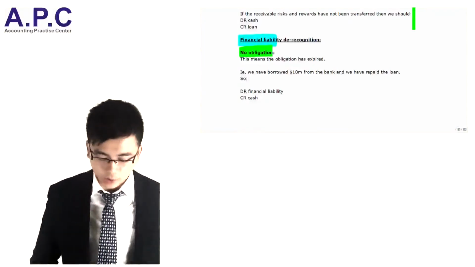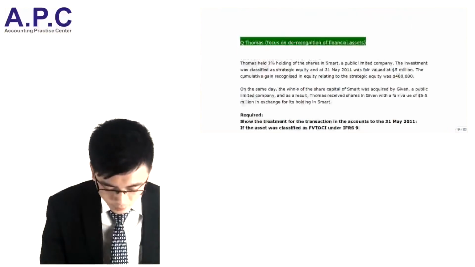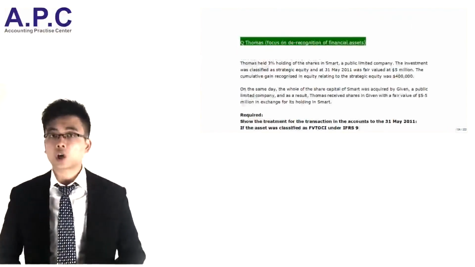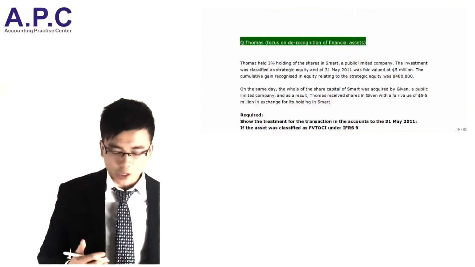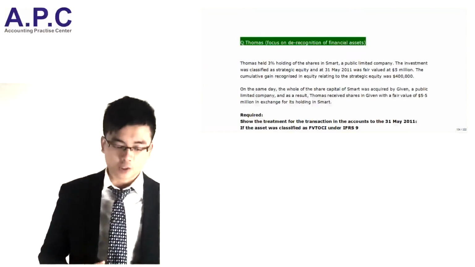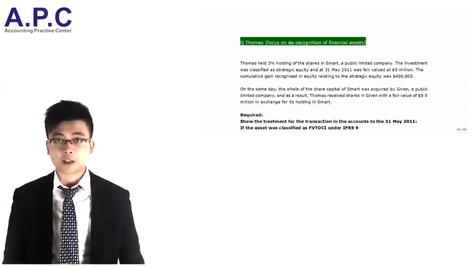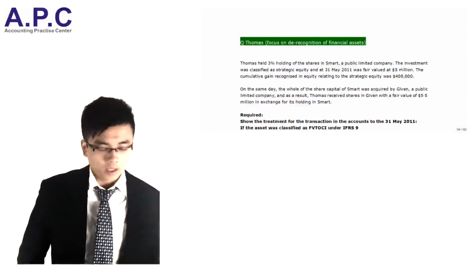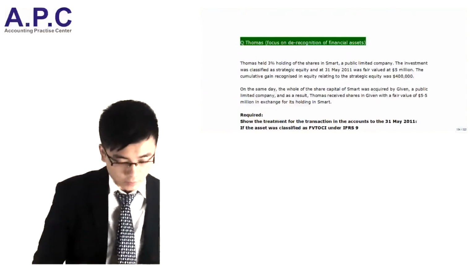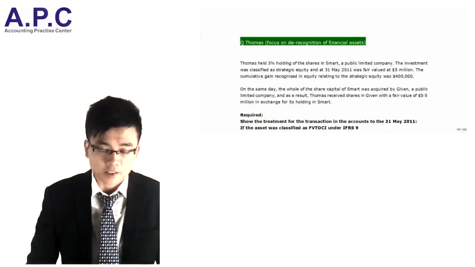Okay, so let's have a look at the question then. This question is called Thomas within your study note. It's to show the treatment in the above transactions if the asset was classified as fair value through OCI. So let's say we're told in the question that Thomas held a 3% holding of the shares in Smart.